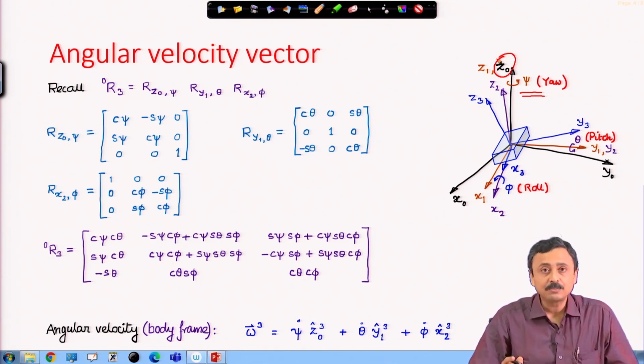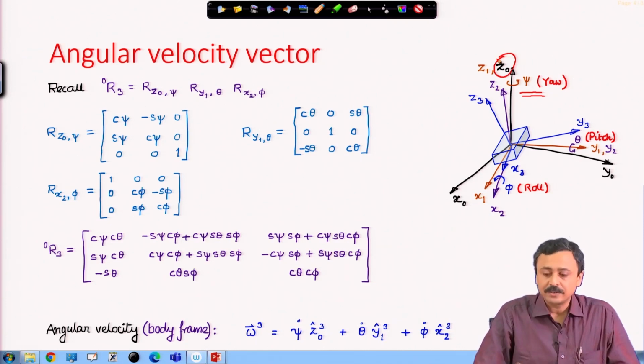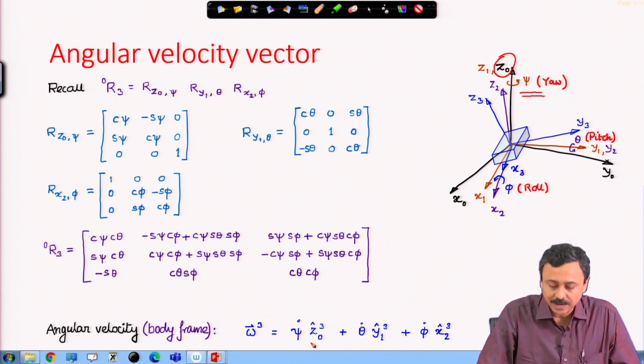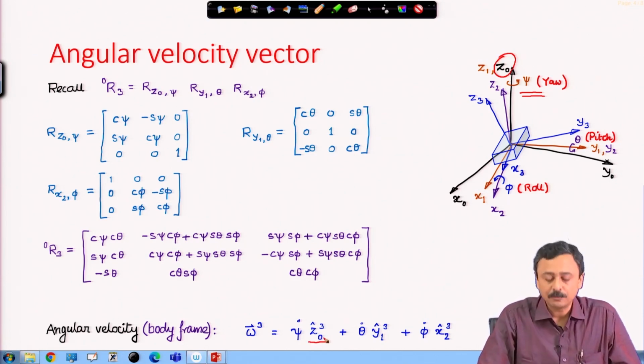But because now we want to represent the angular velocity in terms of the body fixed frame, which is x 3 y 3 z 3, we must represent z naught in the frame x 3 y 3 z 3, and that is what I have written. Therefore, psi dot is about z naught cap, but represented in x 3 y 3 z 3.